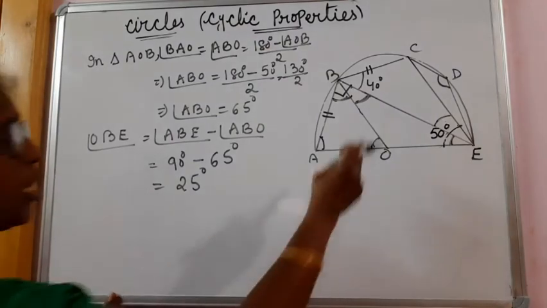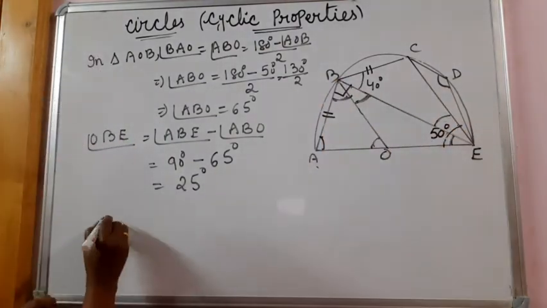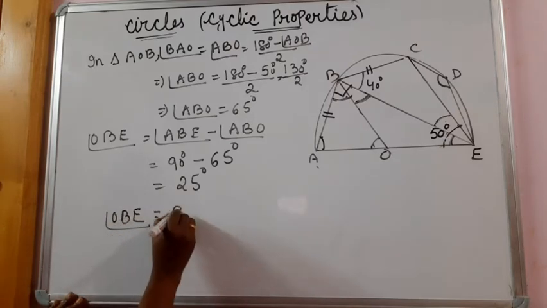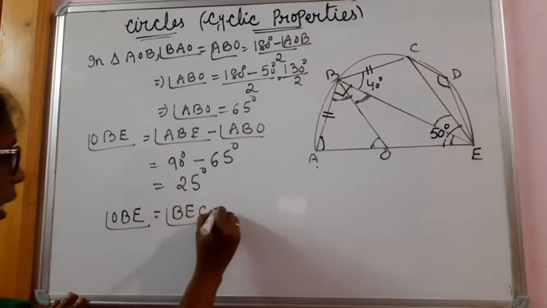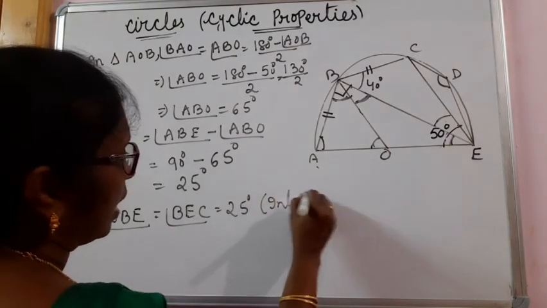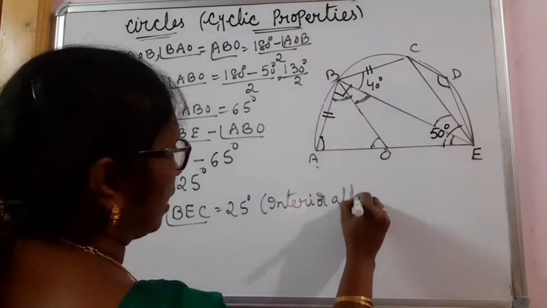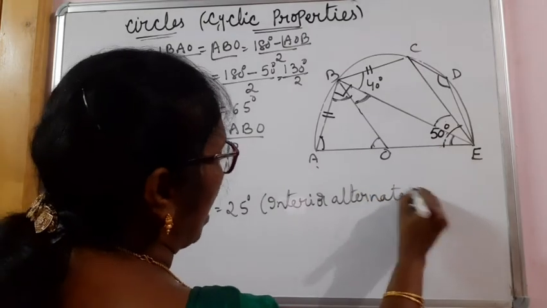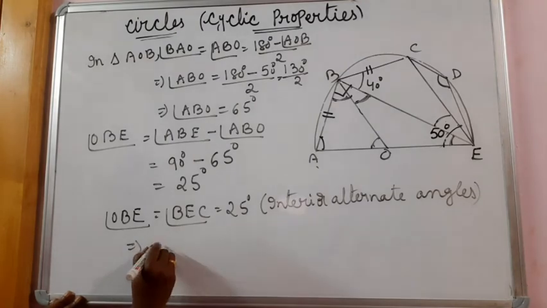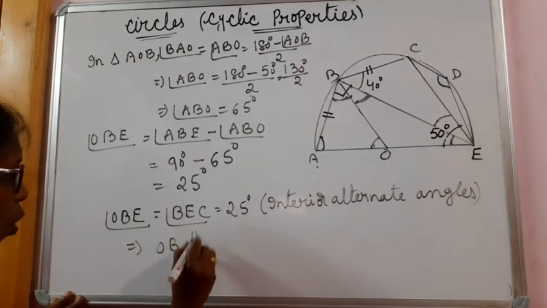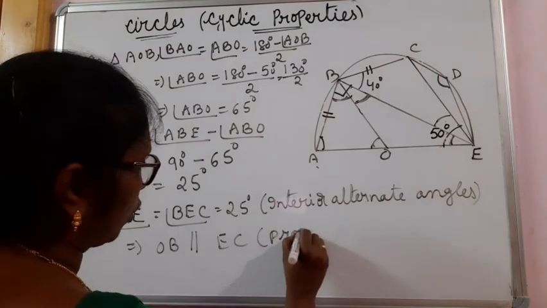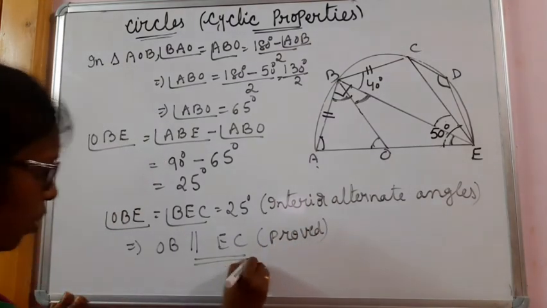Just before that I have shown angle BEC is 25 degrees. So angle OBE is equal to angle BEC, which equals 25 degrees, and these two are interior alternate angles. And if a pair of interior alternate angles are equal, the lines are parallel. So OB is parallel to EC. That is what we have to prove, and that is proved.